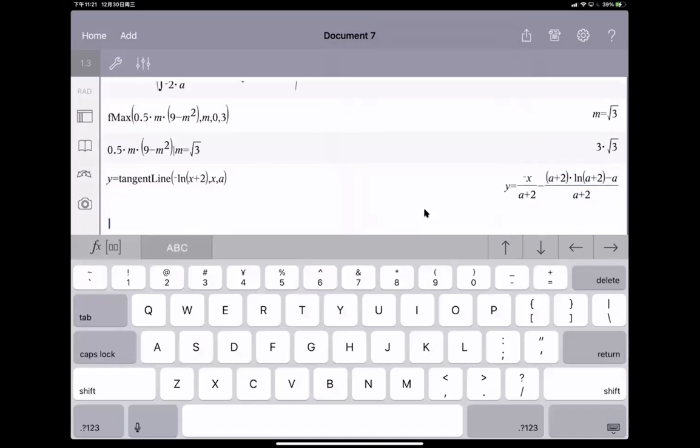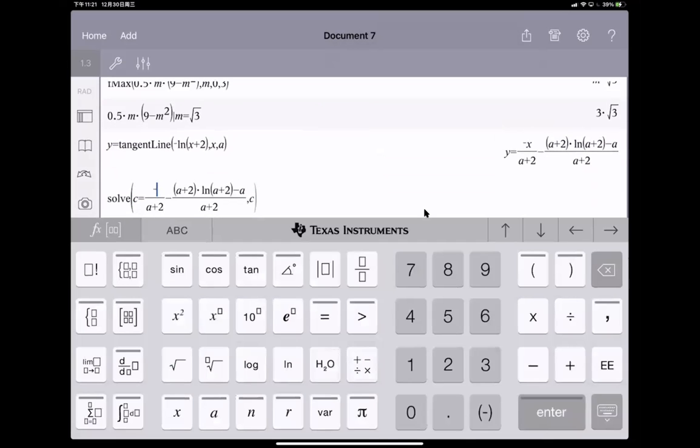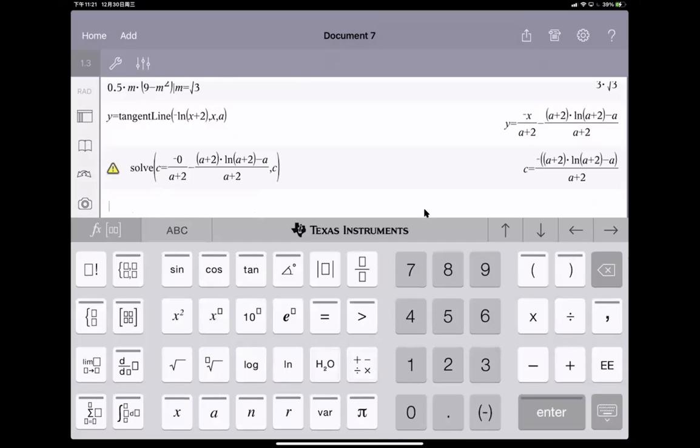Let's do this. Up, down, comma, C. Replace Y with C. Replace X with 0. You should get some function like that. So now C is a function in terms of A. To get the maximum value of C, we need to consider the possible values of A, which is -2 to infinity.